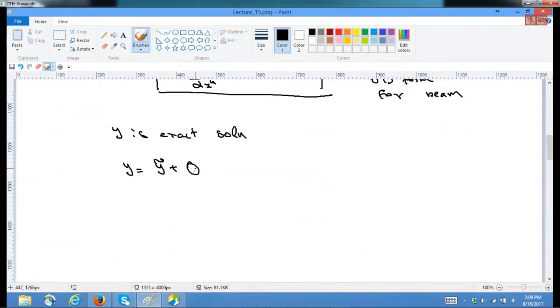So when we substitute y tilde instead of y, we end up with a residue in this equation. So what we get is R of x is equal to EI d4 y tilde by dx4 plus w of x.